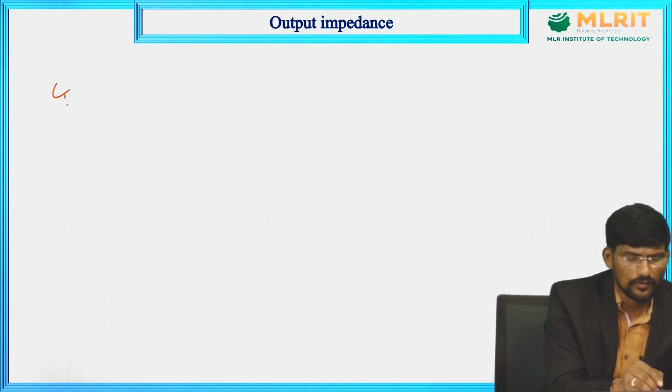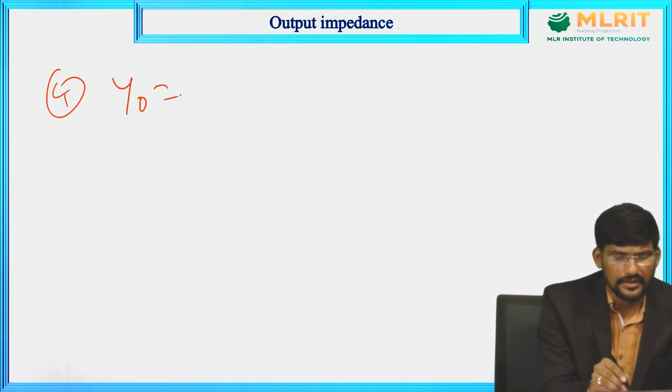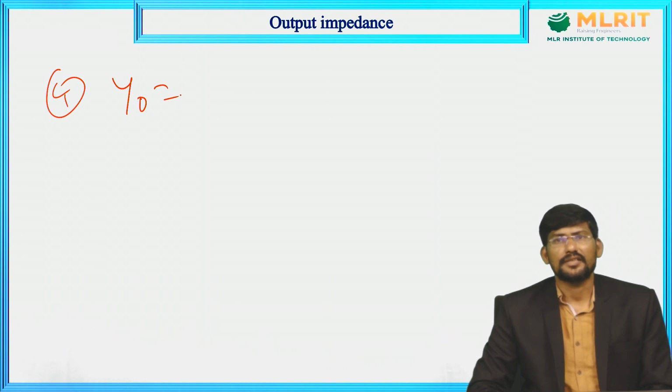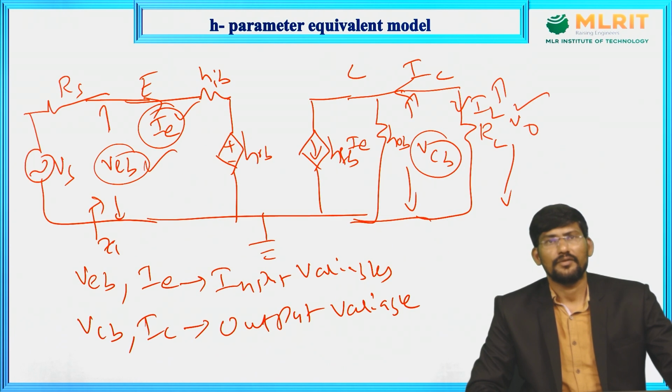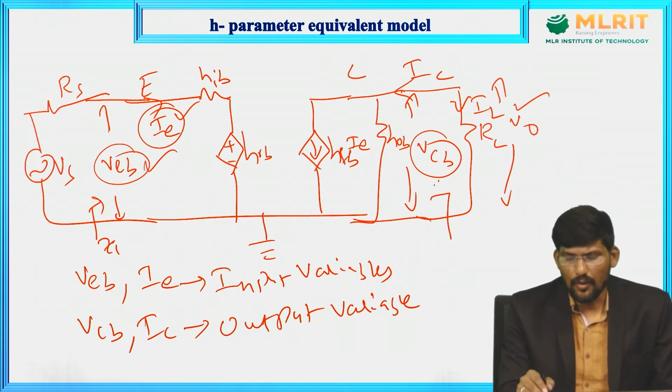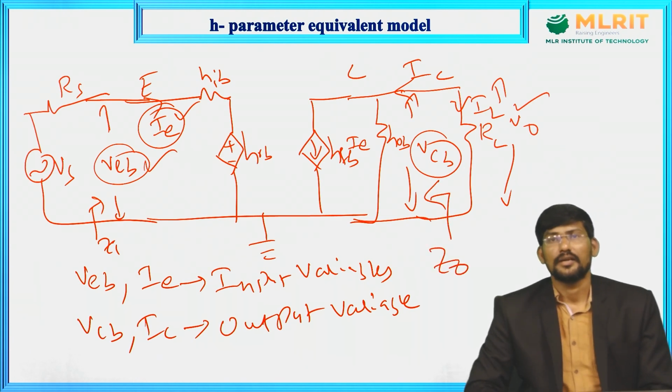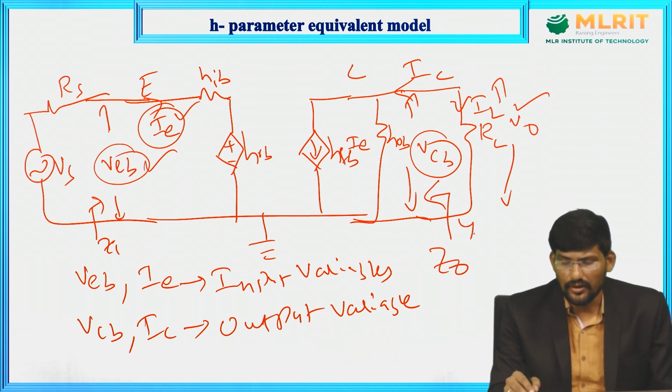Now the fourth one, what is output admittance? Output admittance is defined as the ratio of output current to the output voltage seen into the network. If you see this particular circuit, how can we define output admittance or output impedance, Z0 or Y0?